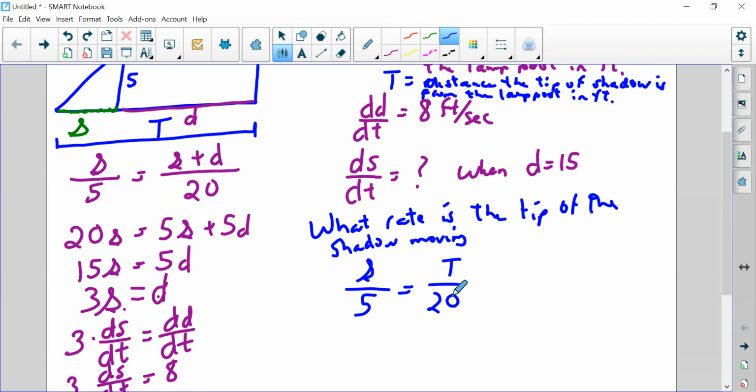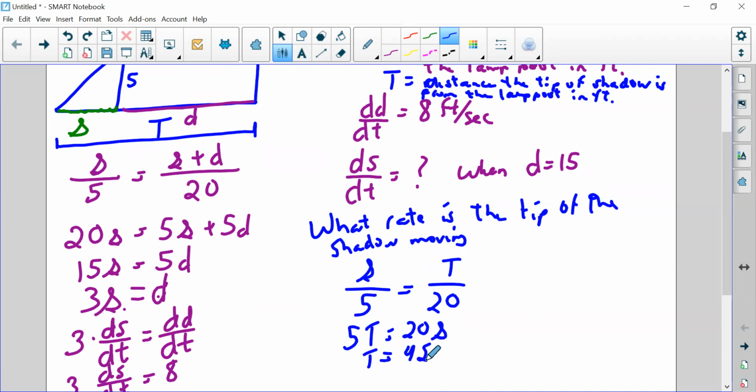I just renamed that variable because here it's easier for me to work with, since I want to look at that new tip. So I want to look at that T variable. That gives us 5T is equal to 20s. So T is equal to 4s.